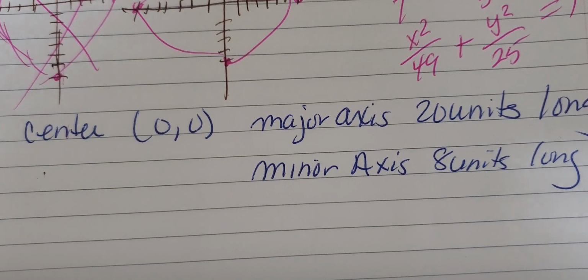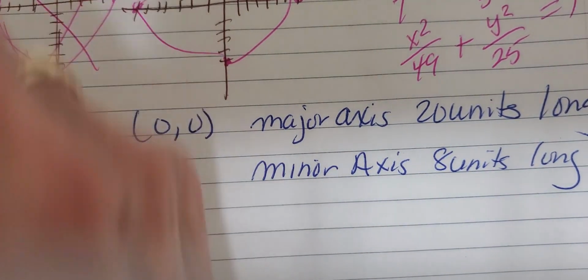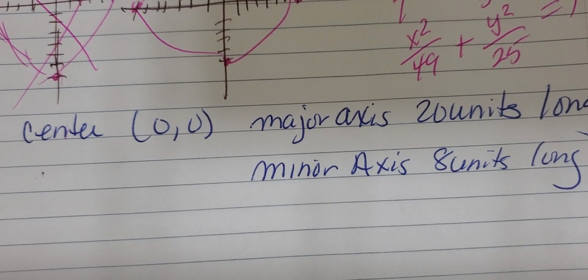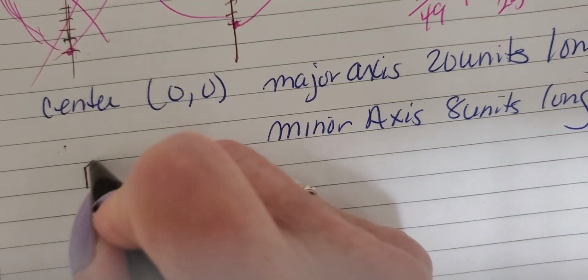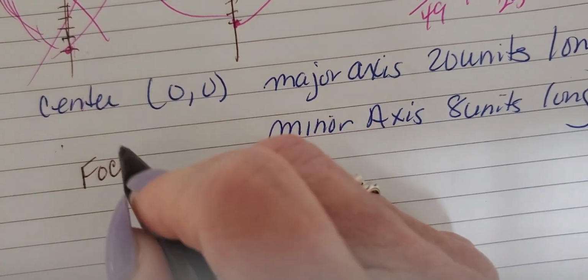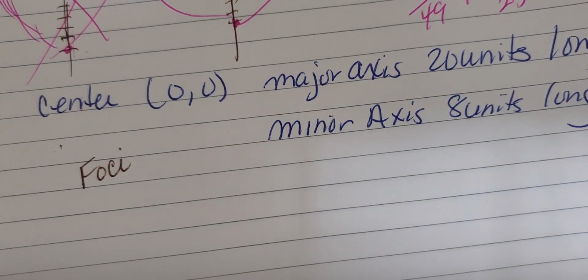Should I tell you the foci? Let me think about that for a second. Okay, here's what you need. I'm going to give you the foci points. Oh, maybe not. Hang on.